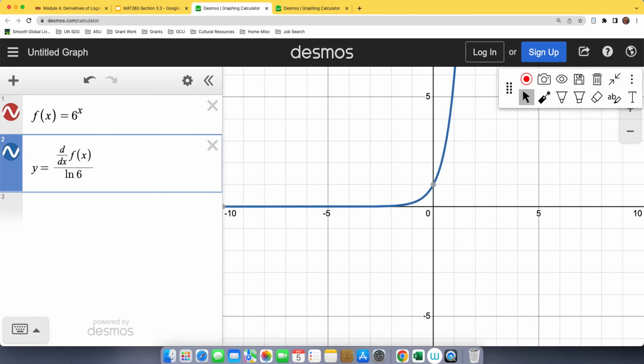Okay, so divided by the natural log. I knew it worked before when I was at home, but I forgot I divided instead of multiplied. So here we go. If we divide by the natural log of 6, it's going to work. So the derivative is just 6 to the x over the natural log of 6. Oh, wait. I know why it didn't work.